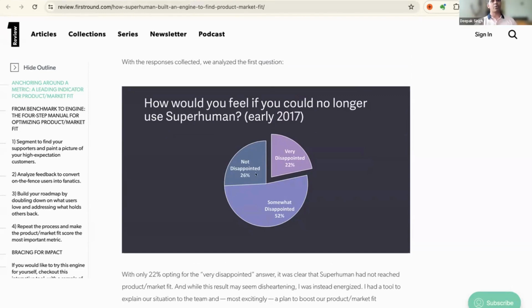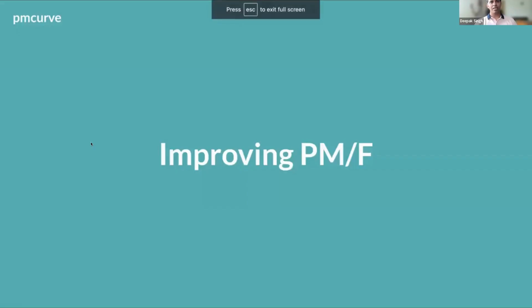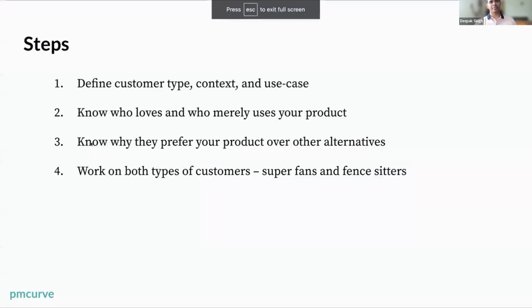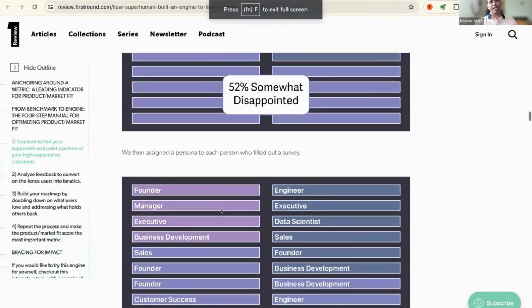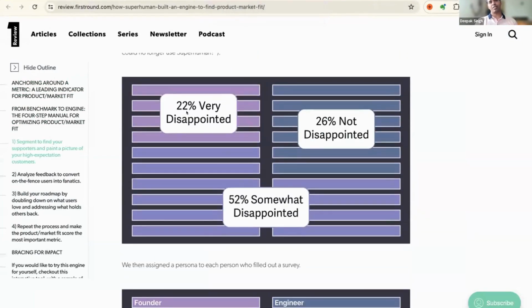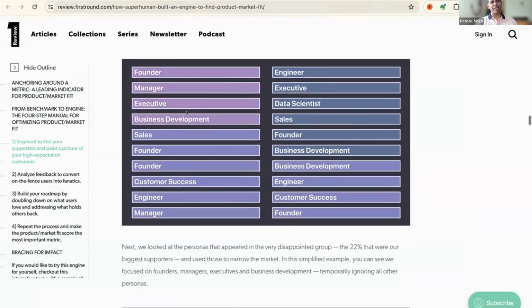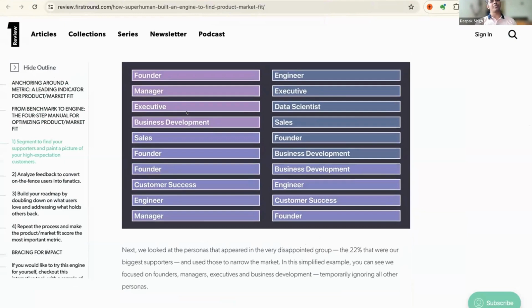What they did after this was actually beautiful, because they went after the people who love their product, who are very disappointed: founders, managers, executives, BD. The people who don't love the product are sales, data scientists, engineers, and so on.